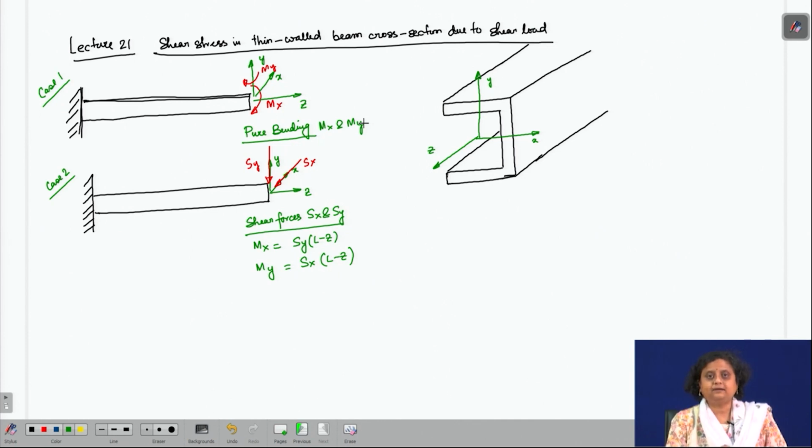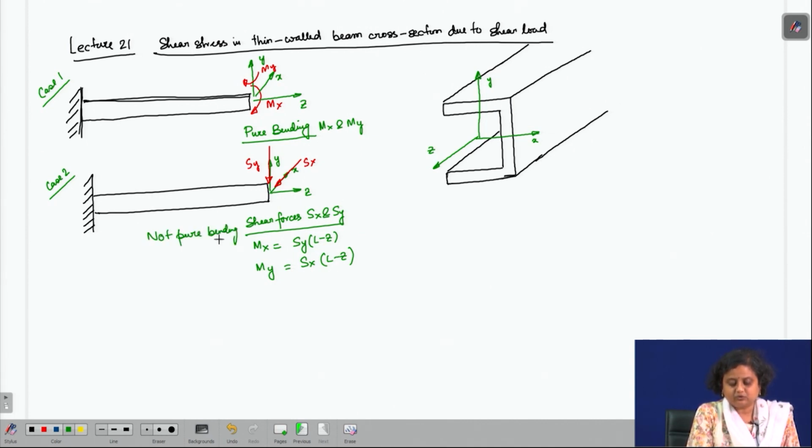Sx and Sy in turn will produce bending moment Mx and My, but this is not pure bending, because in case 2, apart from the bending moment Mx and My, there will also be shear forces acting on any arbitrary beam cross section.